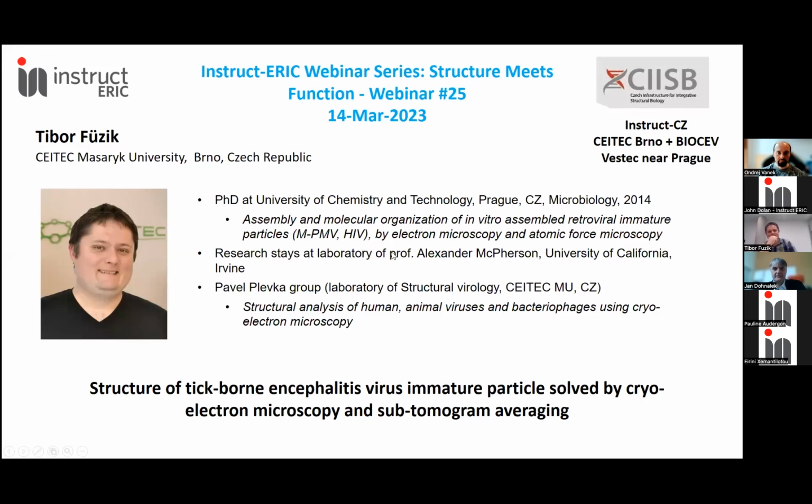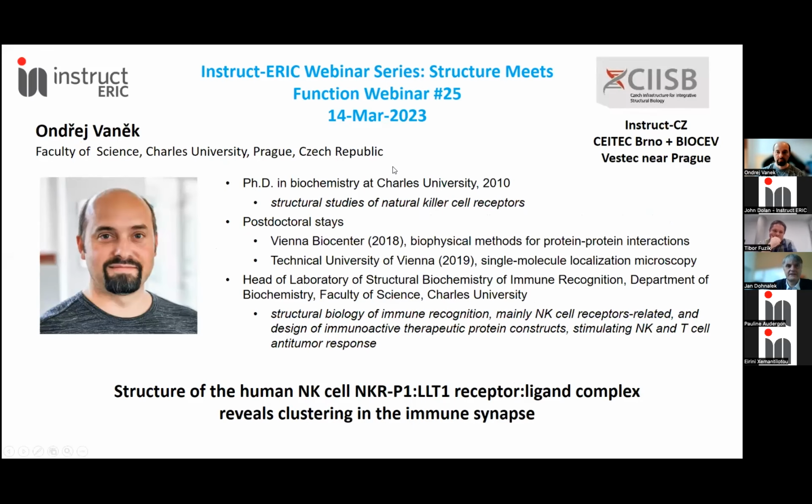The next speaker is Ondřej Vaněk from the Faculty of Science, Charles University in Prague. Ondřej did his PhD in biochemistry at Charles University, focusing on structural studies of natural killer cell receptors. He had two postdoc stays in Vienna Biocenter and the Technical University of Vienna, looking at biophysical methods for protein interactions and single molecule localization microscopy.